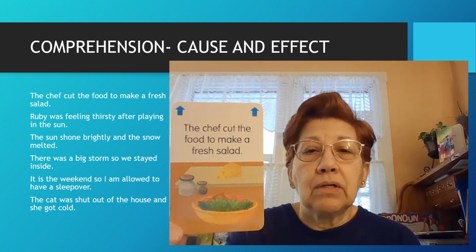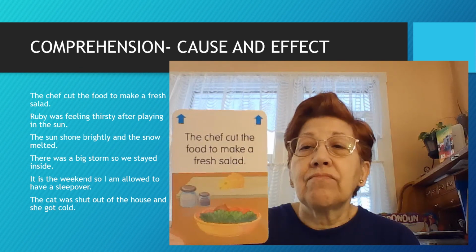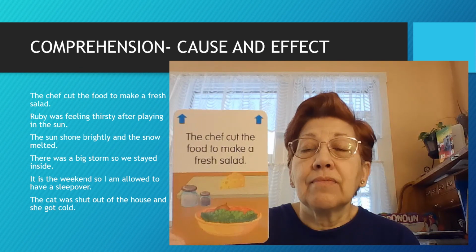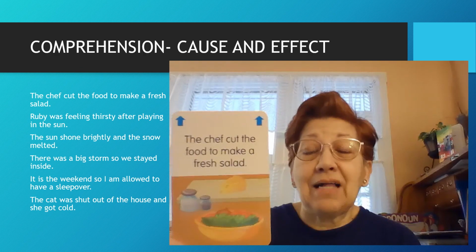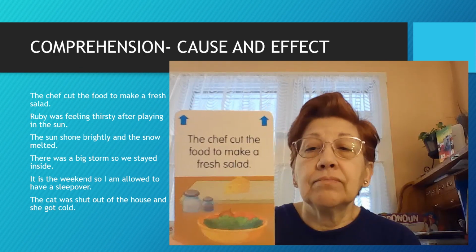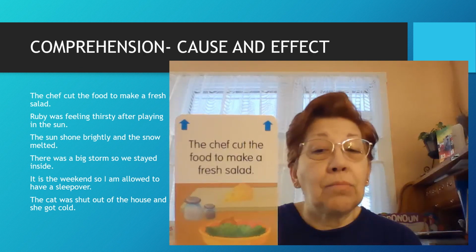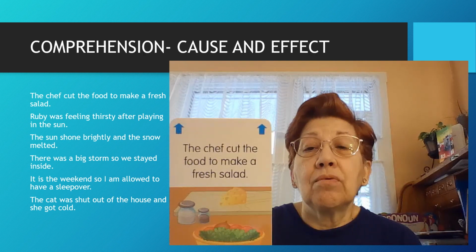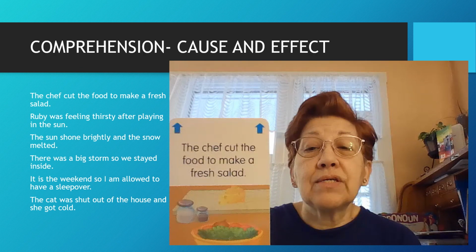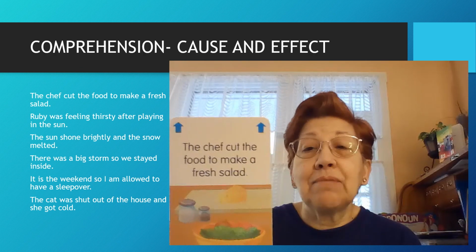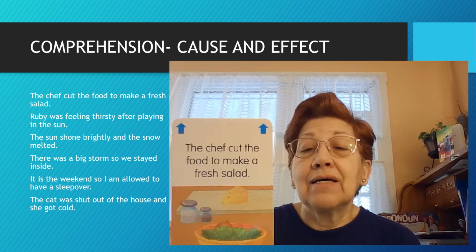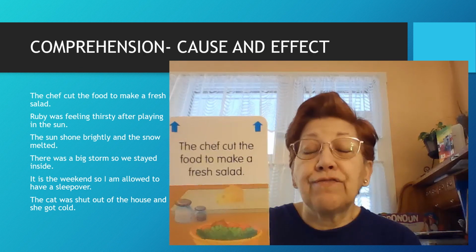Okay, so cause. Okay, so our subject is the salad, right? It's all about the salad. So the cause is going to obviously be the chef is cutting the food, right?